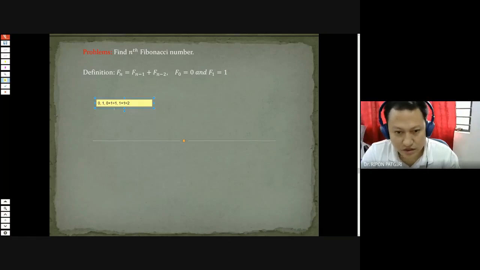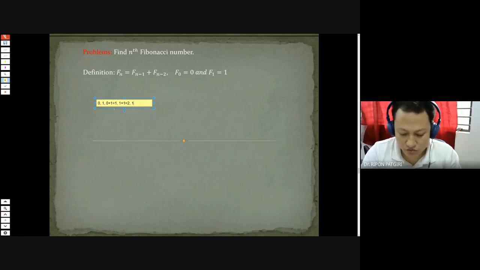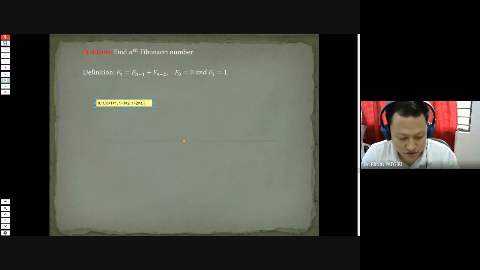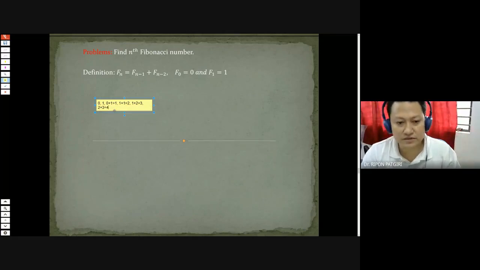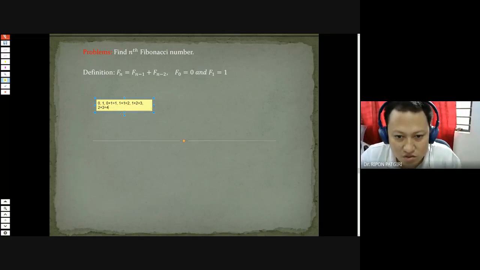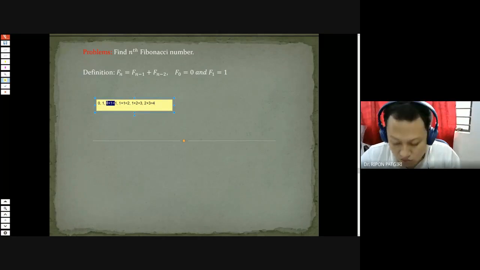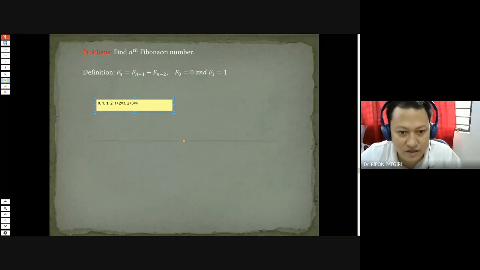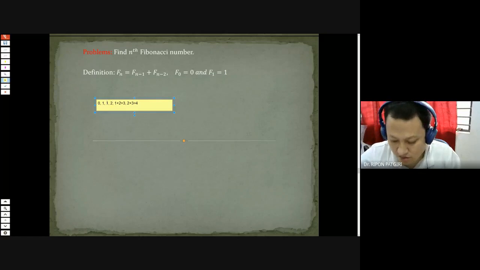And 1 plus 2 is the next Fibonacci number, 3. 2 plus 3 is equal to 5, the next Fibonacci number, and so on. So the Fibonacci number is the result of addition of the previous 2 numbers.